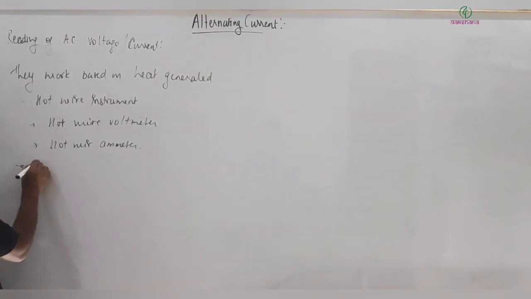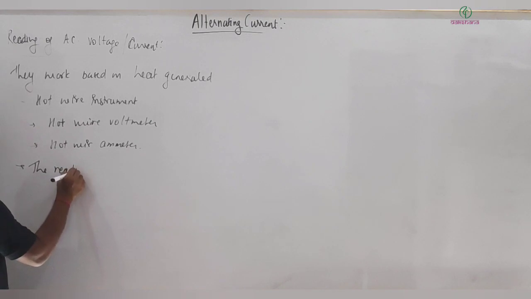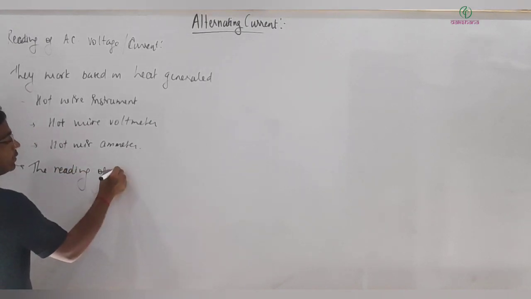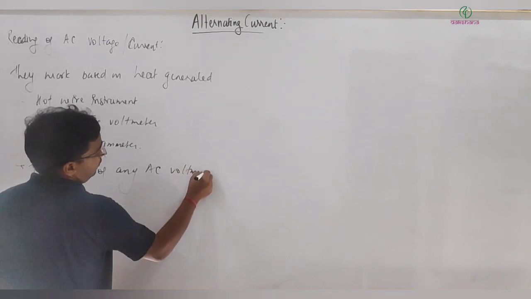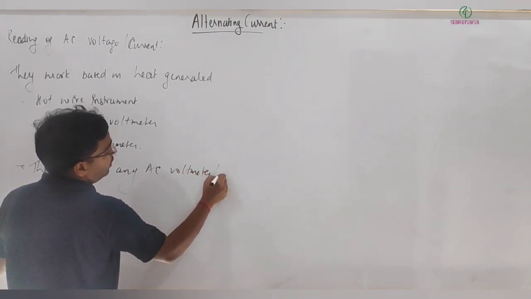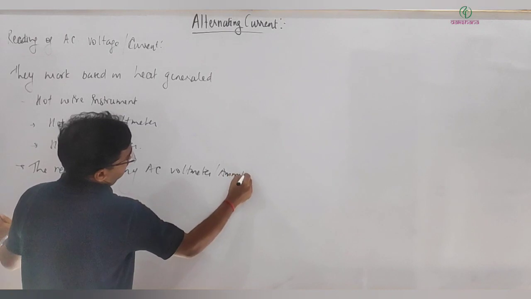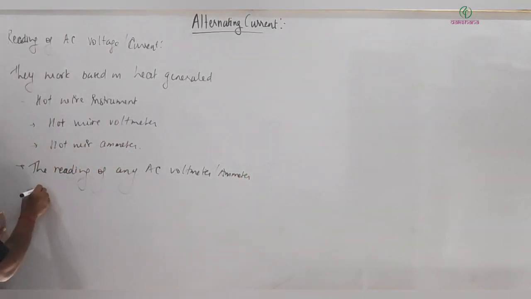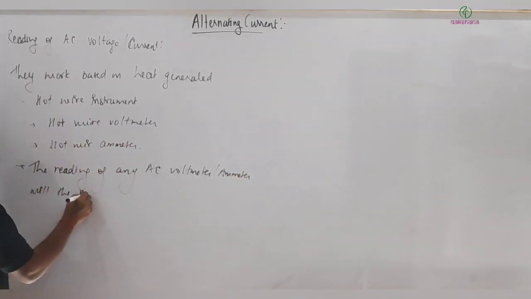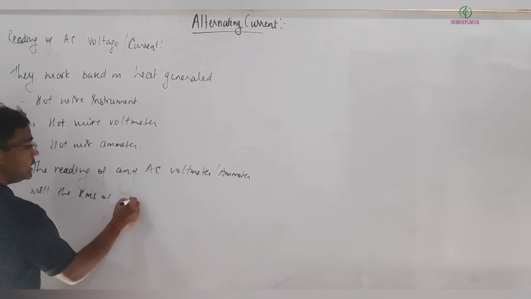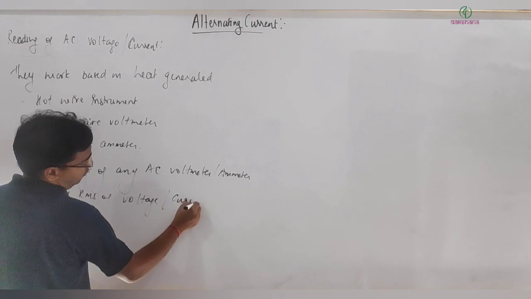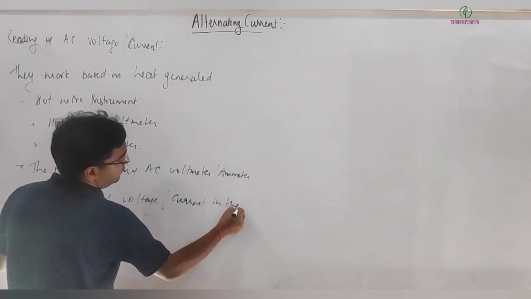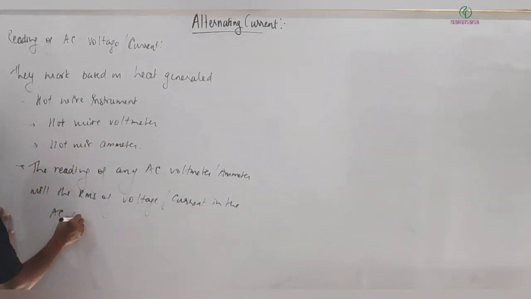So the reading of any AC voltmeter or ammeter will be the RMS value of voltage and current in the AC circuit.